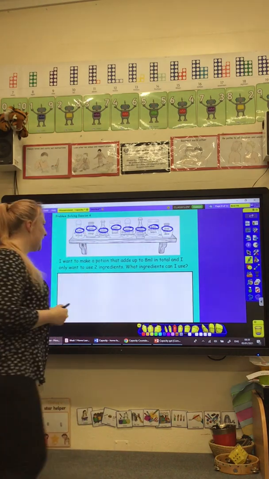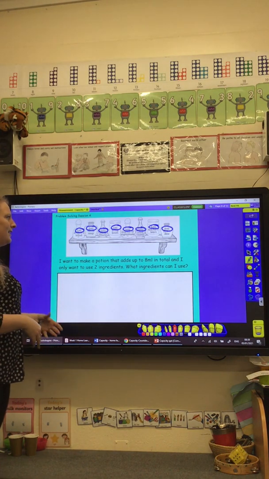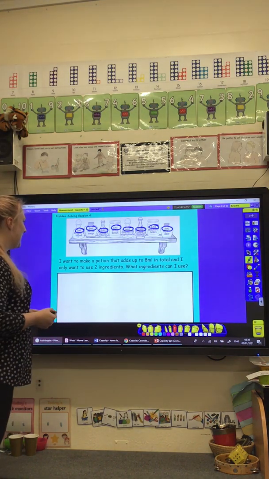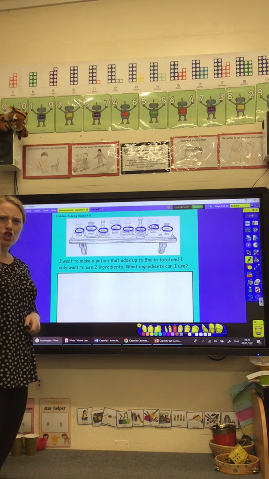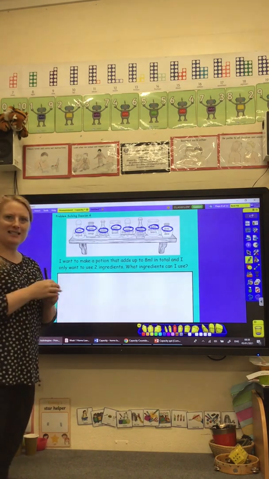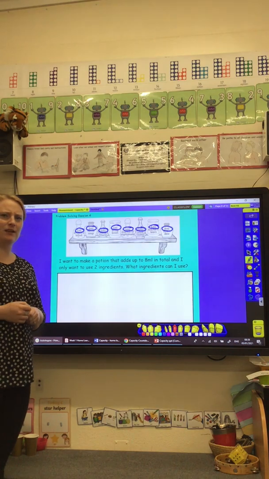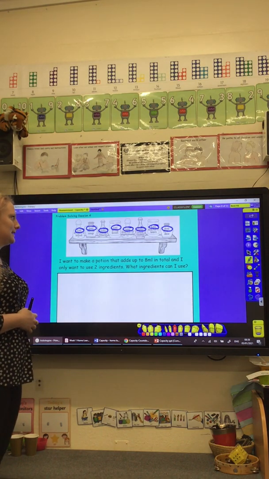Now, the challenge to you is I want to make a potion that adds up to 8 millilitres in total. And I want to use 2 ingredients to do it. So what 2 ingredients can I use for my potion that would add up to make 8 millilitres? Have a think. What 2 numbers add up together to make 8 millilitres?